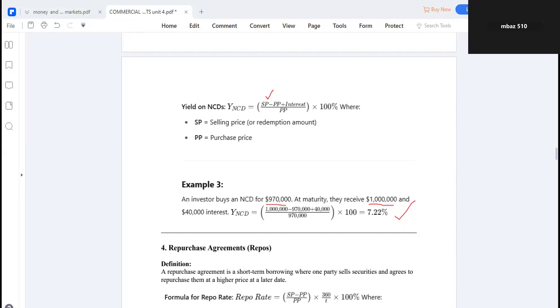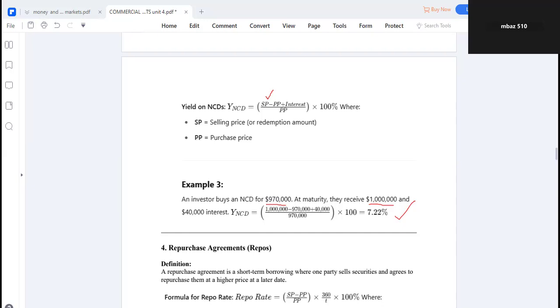Their maturity ranges from a few weeks to 1 year, and their interest is usually higher than a savings account. The negotiability means it can be sold or transferred in the what? In the secondary market. And this security is usually unsecured and backed by the issuing bank's creditworthiness. So it's not withdrawable. It cannot be withdrawn before it matures without selling to another person.